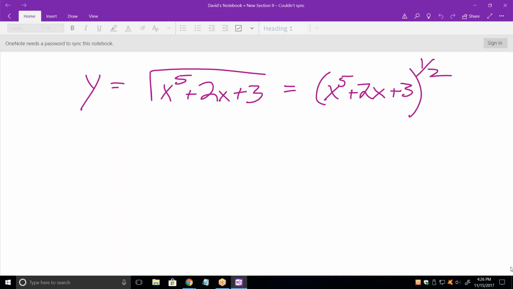Now, what are we going to use to take the derivative of this? Which of the 4 rules do we need to use? You start with the power rule. Correct. And what else? Chain rule. Yeah, that's right.